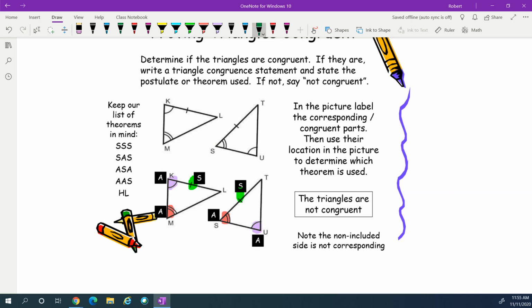I have to make sure that it is the corresponding side. Well, KL goes from the angle 1 to the third angle. In the second triangle, my side goes from angle 2 to the third angle. Those are not the same. It's not the corresponding side. So these triangles are not congruent. It just doesn't fit any of our rules because it's not the correct parts.